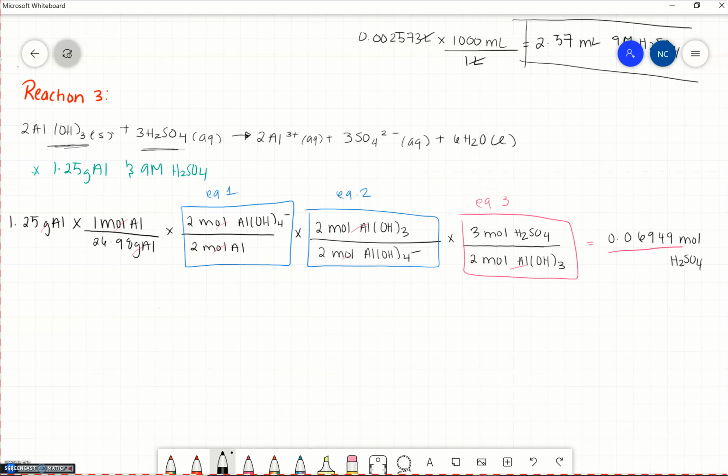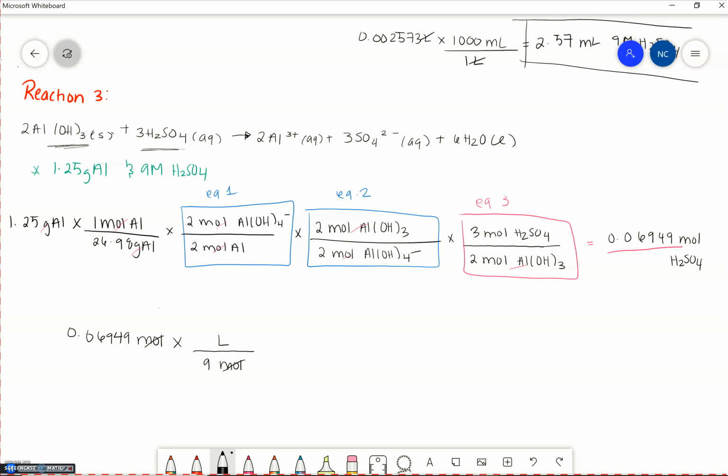And then remember, we need milliliters, so you're going to multiply by the molarity or the concentration, which is 9 molar. 0.06949 moles, and molarity is 9 moles per liter.